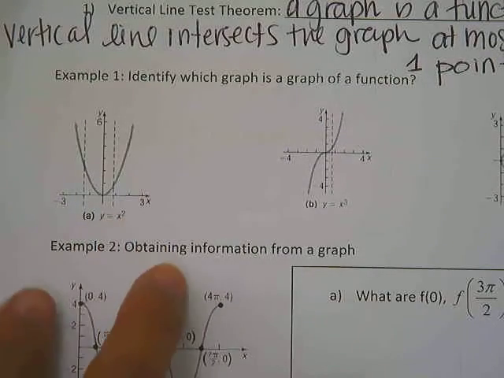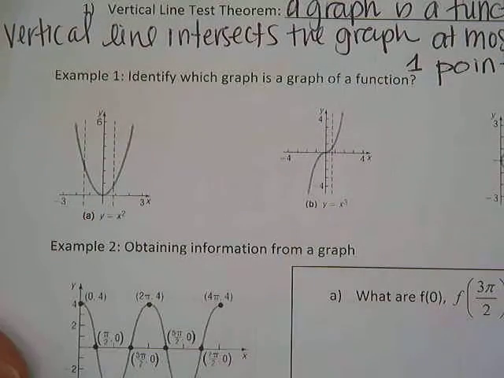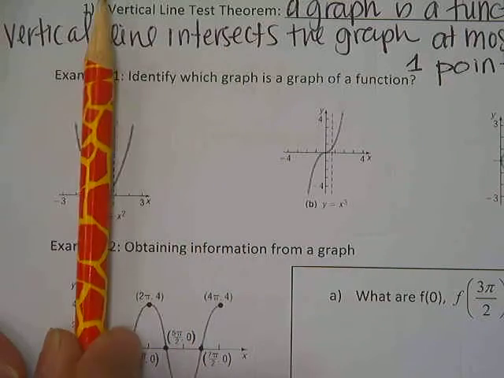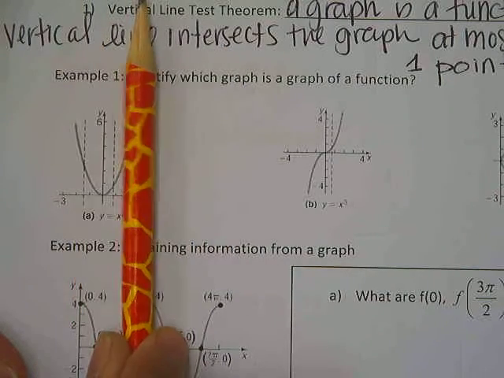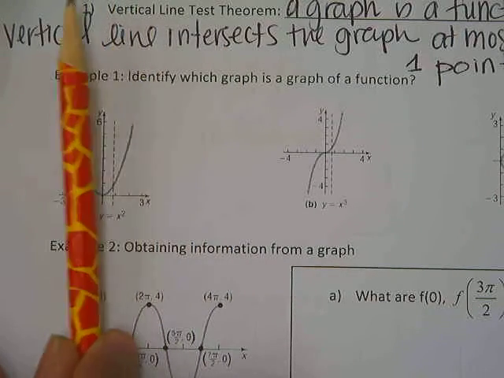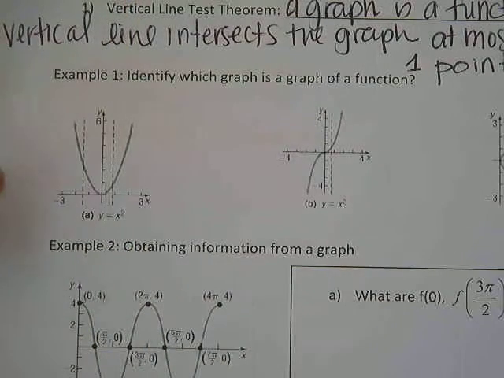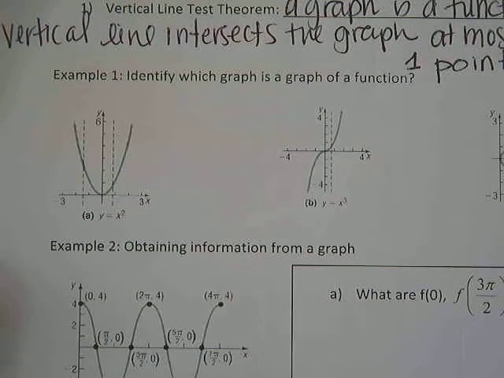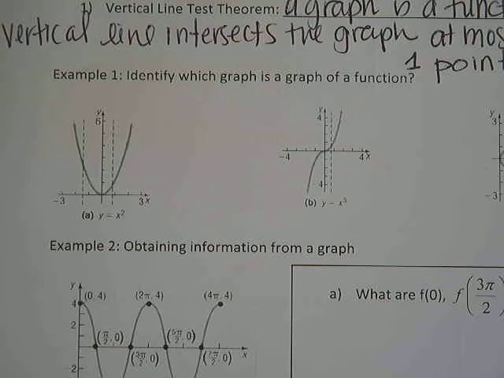Remember, a vertical line test is also known as a pencil line test. If I put a pencil anywhere I wish, does it intersect more than 1 point? We don't want more than 1 point, we want at most 1 point. It doesn't have to intersect, but if it does, it can only be one time.